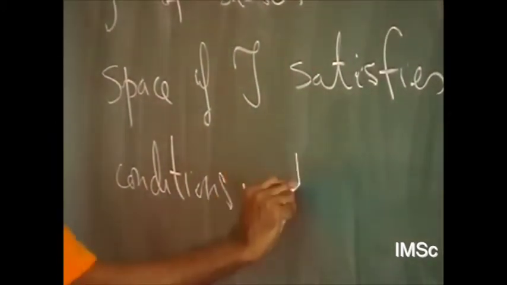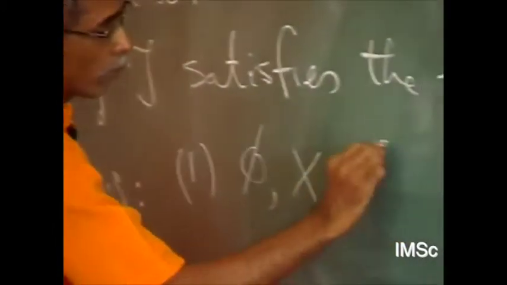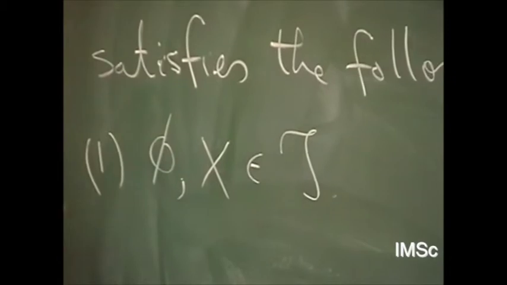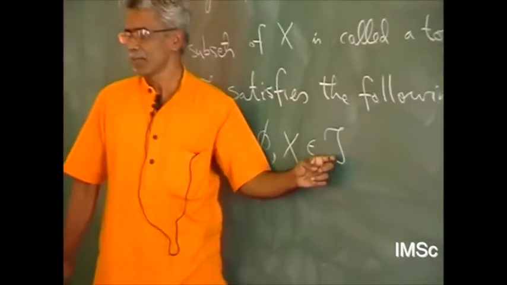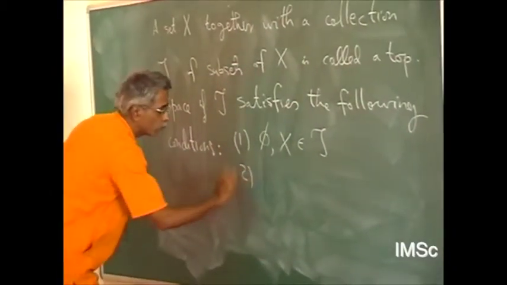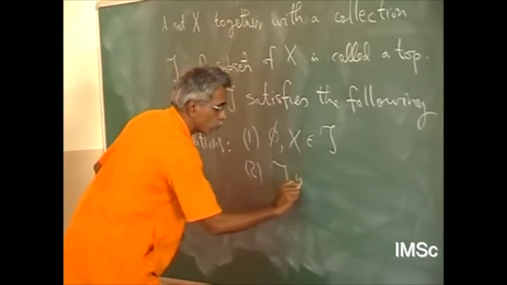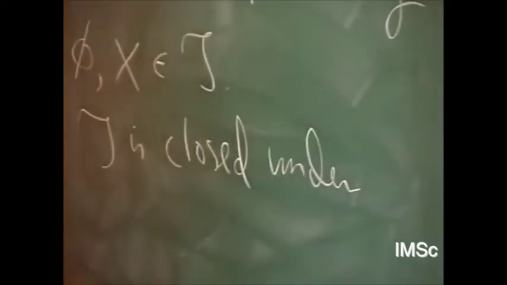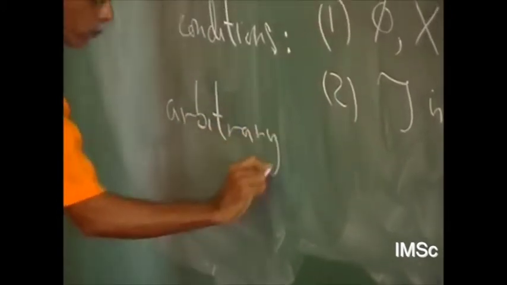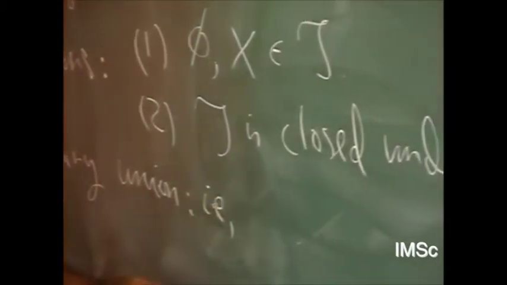So I write here: the empty set and the whole set are members of this collection. Members of tau will be called open sets. Number 2: tau is closed under arbitrary union. That is, what does that mean?